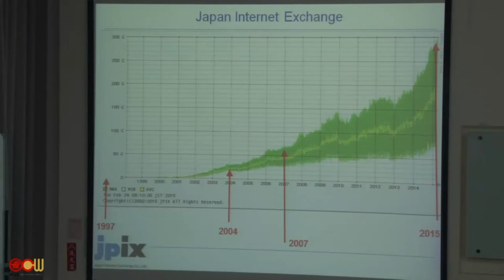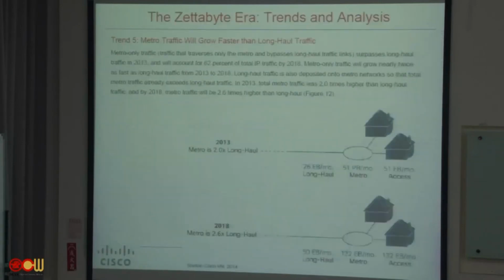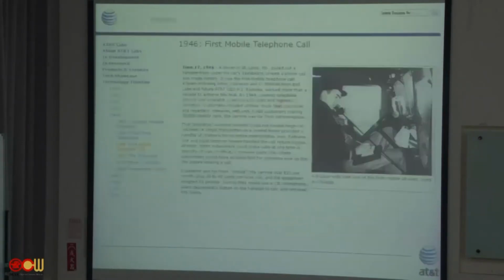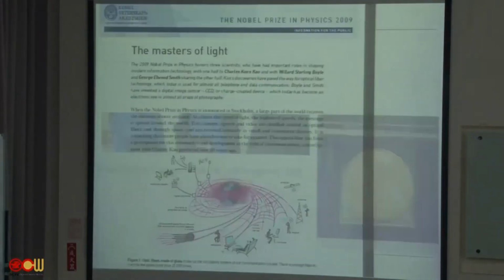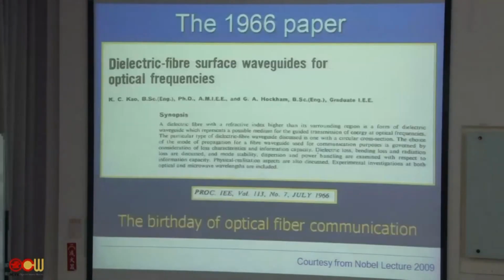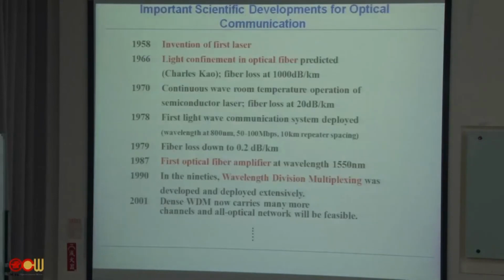Why can we keep this data rate increasing? Because of optical communication. And why is optical communication still evolving? Because of several technologies we just discussed. The 4 fundamental ones are laser, fiber, optical amplifier, and WDM. I hope you can remember these four important developments.